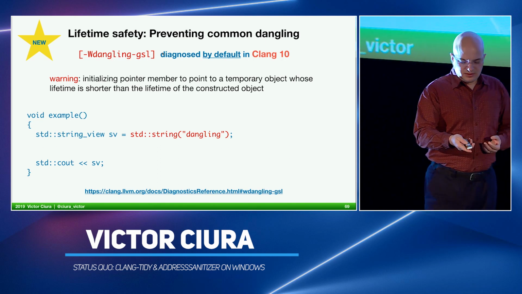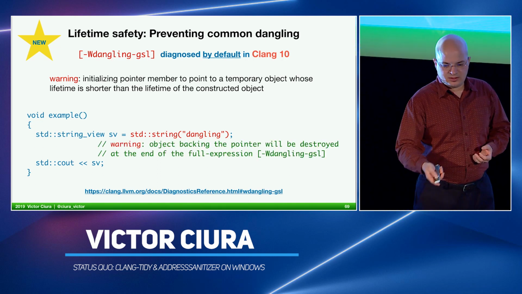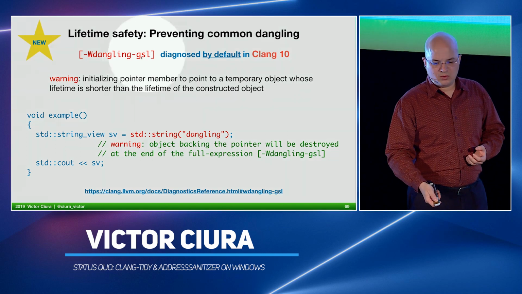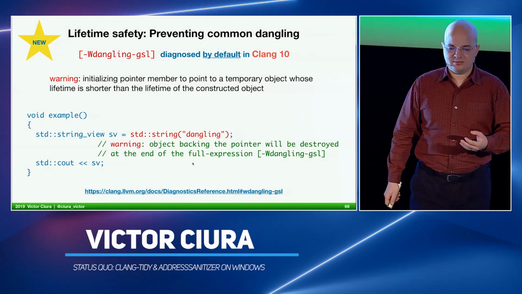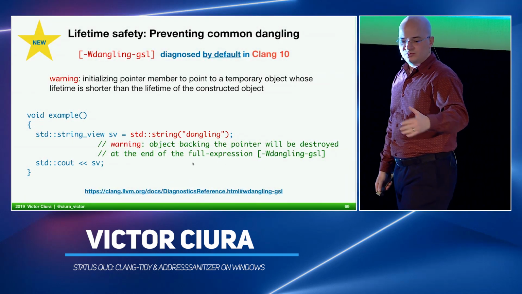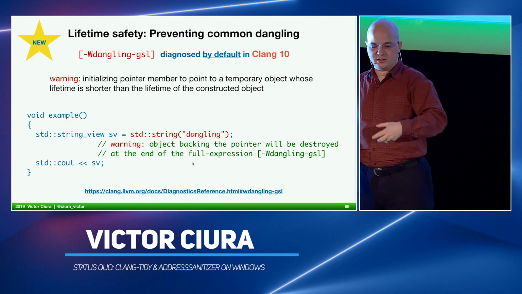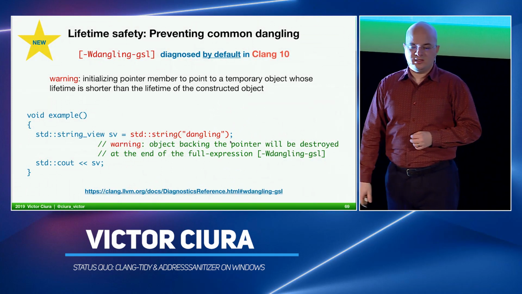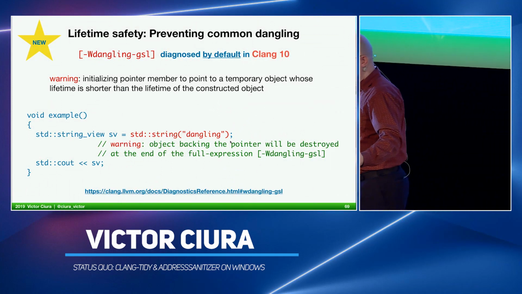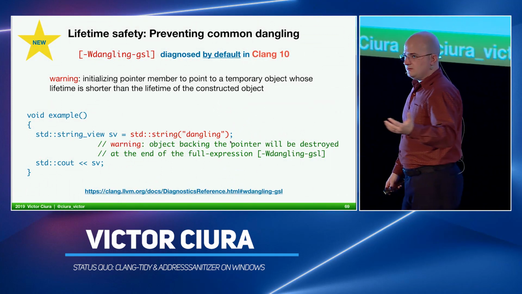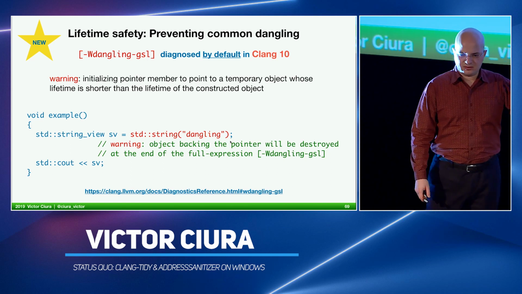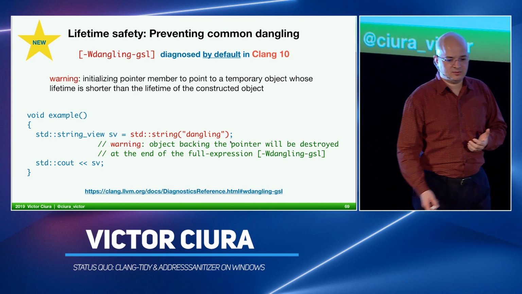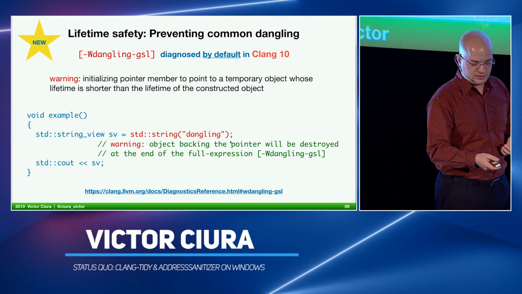And it detects the very same pattern, and the warning is a little bit more polished now. Object backing the pointer will be destroyed at the end of the full expression, and the full expression ends again at this semicolon. So I'm hoping similar checks will come for span. My understanding is there's a PR or work in progress on that, but at least for string we have this right now.